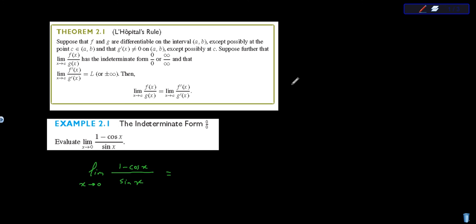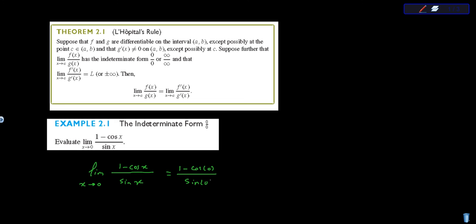Here, evaluate the limit of 1 minus cosine x over sine x as x approaches 0. Let's start on how to solve this question. The first step is to substitute x by 0, to check if we have one of the main cases of L'Hopital's rule. 1 minus cosine 0 over sine 0.